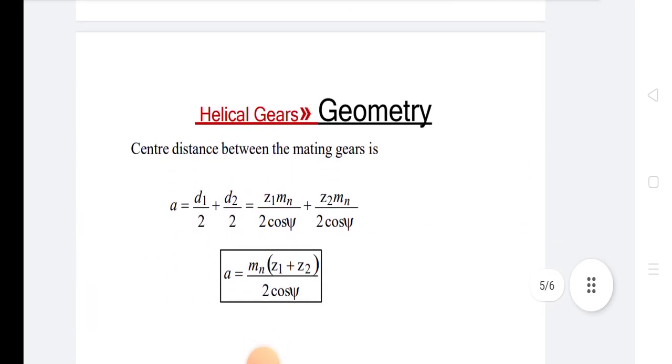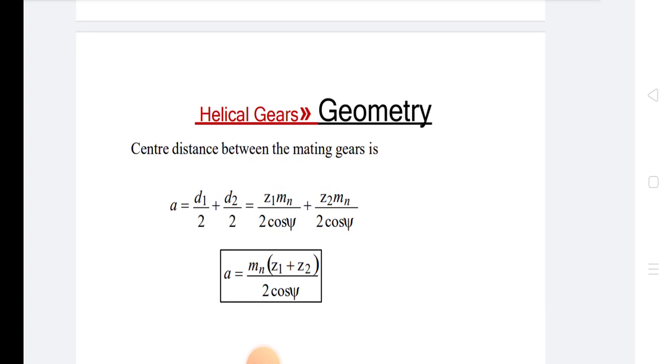The center distance between the mating gears is A equal to D1 by 2 plus D2 by 2, which is equal to Z1 Mn upon 2 cos psi plus Z2 Mn upon 2 cos psi.